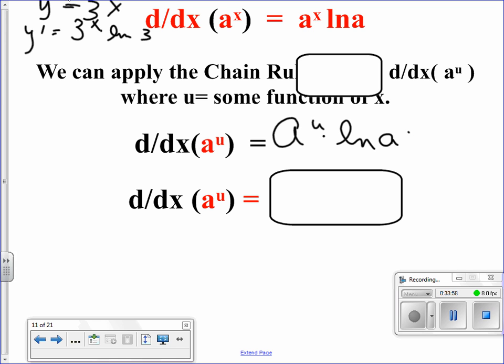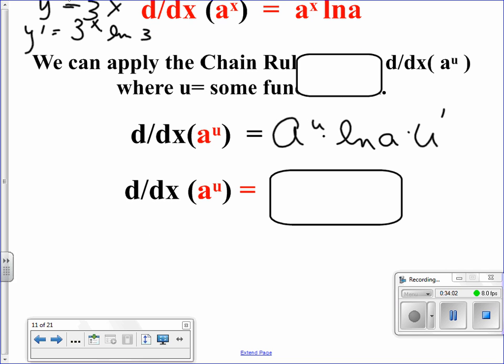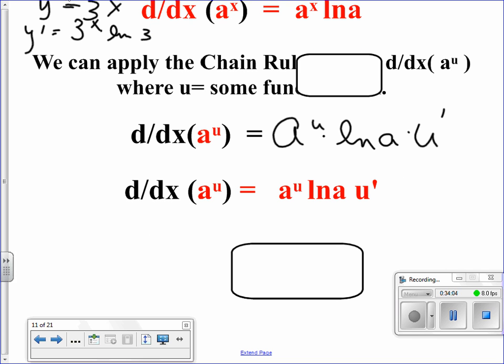Times u prime. Same thing. We don't need this piece in here with e when the base is e because the ln of e is 1. So this is the only formula you remember from today. It'll get you through every single case.